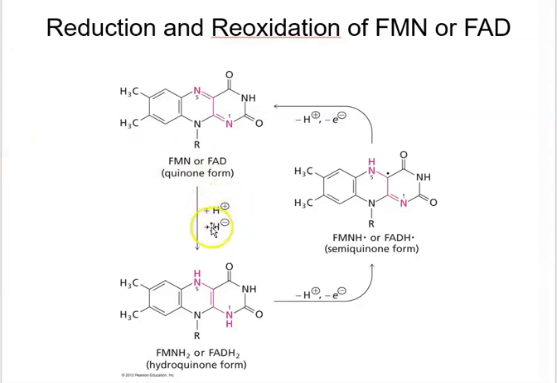That's what we're kind of showing you here, the proton and the 2 electrons. And these things are found in the electron transport chain. They can donate a single or double electrons. So unlike the NADH, which only does 2 at a time, this can do 1 or 2. It depends on what kind of chemical reaction is happening and the different types of oxidoreductase reactions that are occurring at the time.